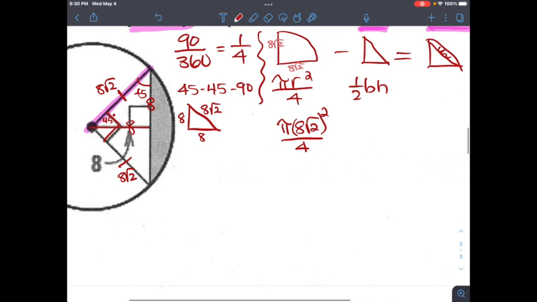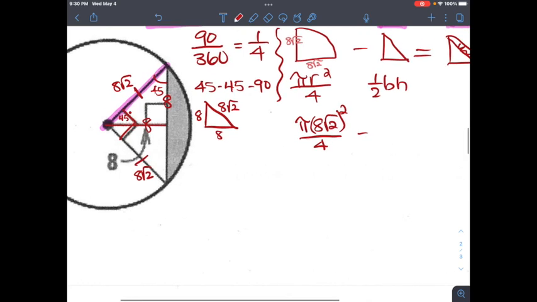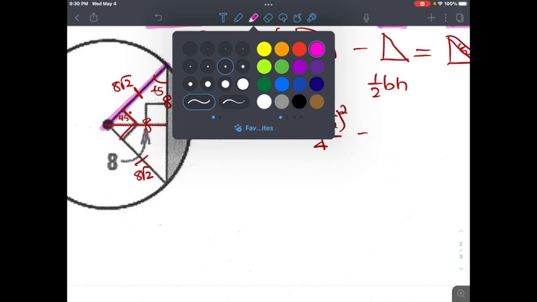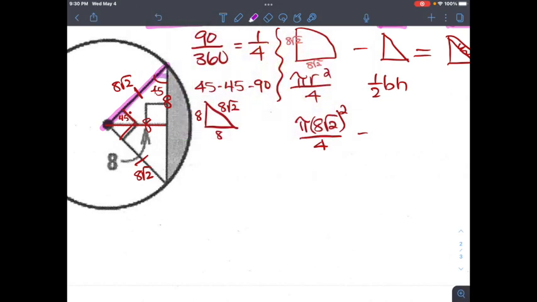Second part is you're going to minus the triangle. Now, the triangle, you actually are looking at the whole thing, which is from here, the whole thing. So I hope you guys understand that's really half. And the base, if you turn the triangle, so this is going to be the base.